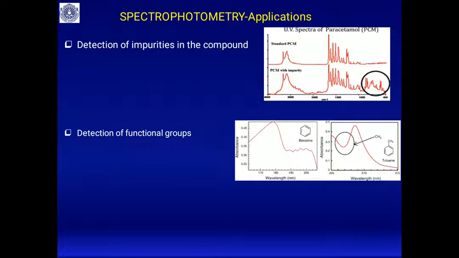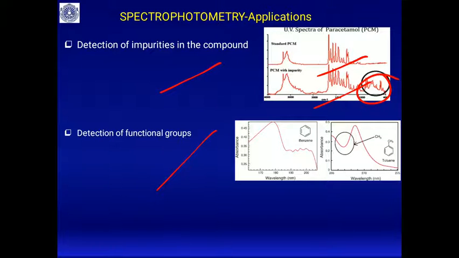We can also detect the impurities of a compound. You can see here the UV spectra of paracetamol. Comparing this, we can see the impurities. The graph we get on the digital display, and from this we can see the impurities.